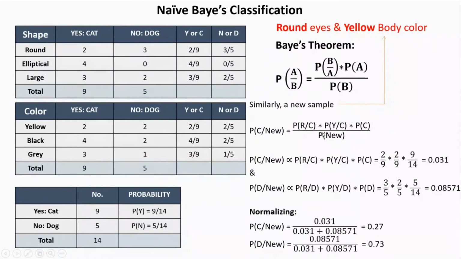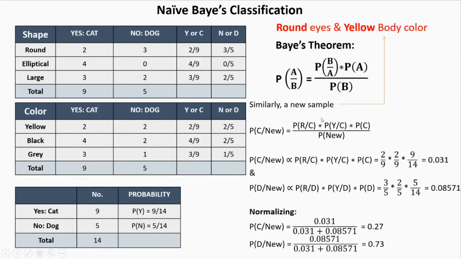Now whatever this probability may be, it is a constant, whether this is a cat or a dog. This denominator is constant. So if the denominator is constant, we can represent this with a proportionality symbol, proportional to the numerator, because we just have to compare which of these two probabilities is a higher value.